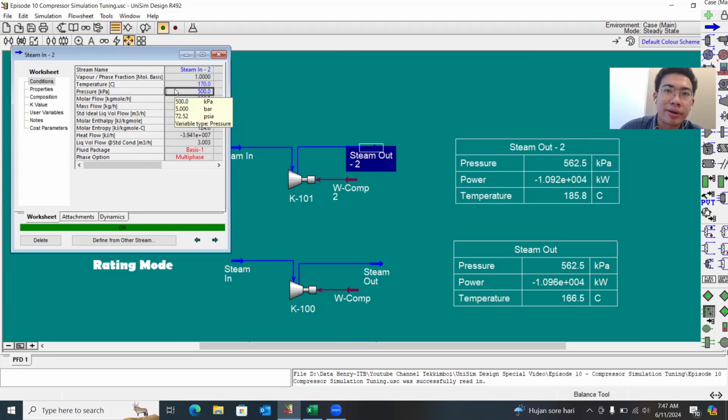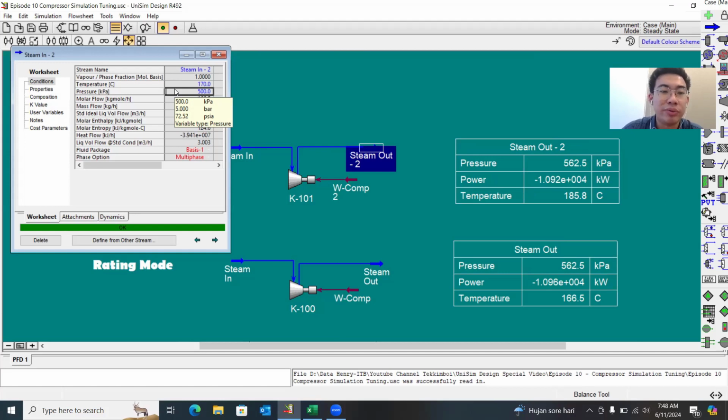If we look at this way, actually simulation mode is not really representative if we have a more rigorous simulation, because the change of variable is not that much and not that powerful.